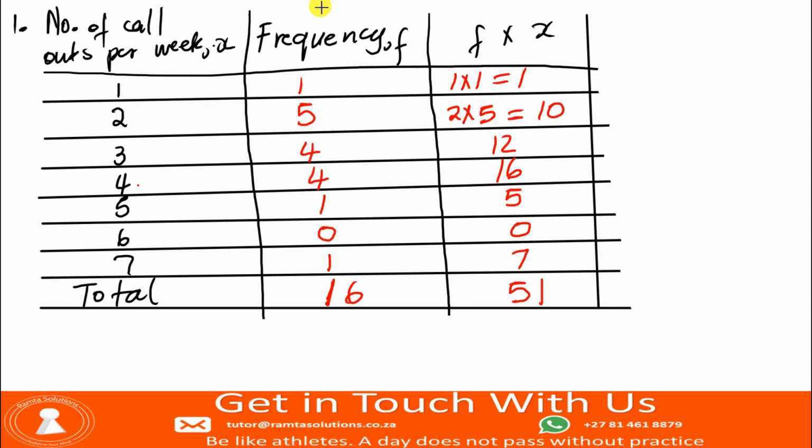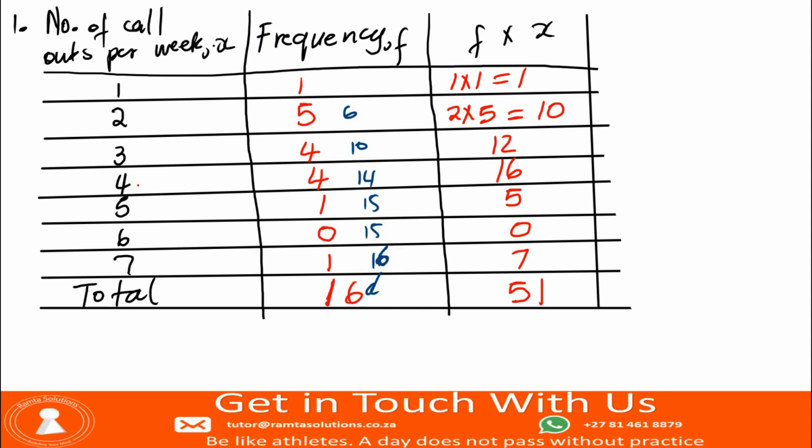All right, so let's look at it. Since there are 16 entries or 16 values in this data, we must look at when we add them cumulatively, meaning, for example, 1 plus 5 is 6, 6 plus 4 is 10, 10 plus 4 is 14, 15, 16, and of course, this is 16.